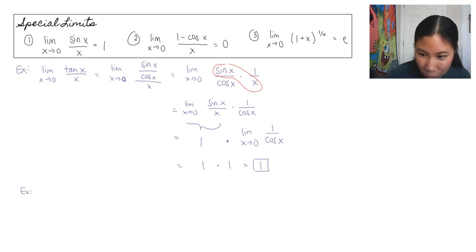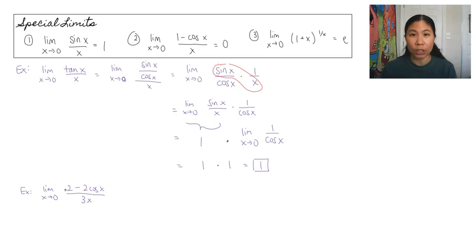This time, let's do the limit as x approaches 0 of 2 minus 2 cosine x over 3x. Hopefully, just looking at this problem, you can tell it looks like the second special limit, because the second special limit has that 1 minus cosine x on top, and we have something like that on top.